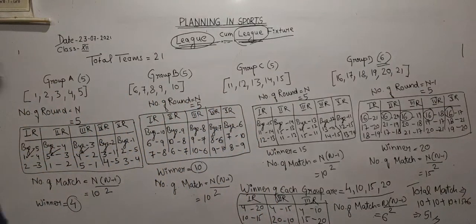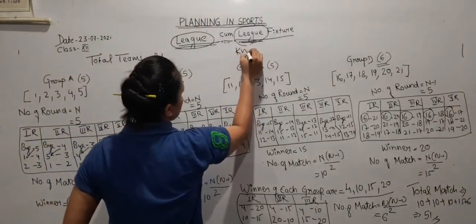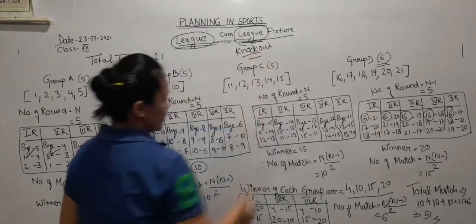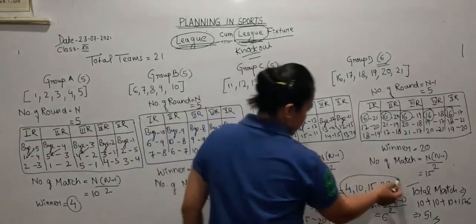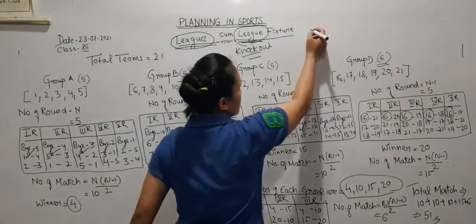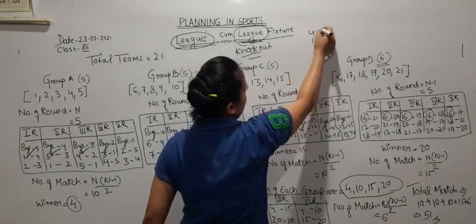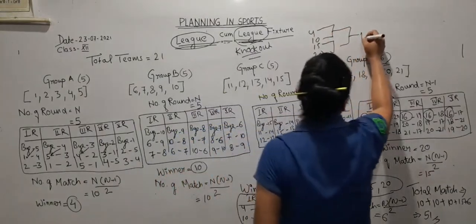In the same way, if it is given knockout, then the winners will compete as per the knockout fixtures, like 4, 10, 15, 20 competition and winner.